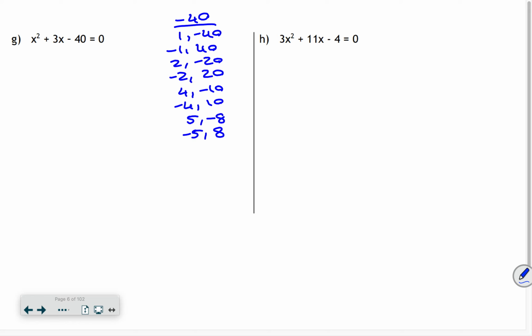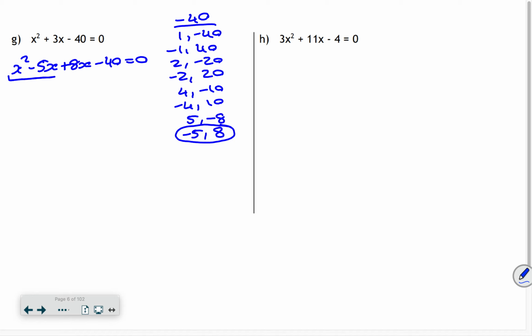If you're really good, you would know straight away that it's going to be minus 5 and 8 that works out for it, because minus 5 plus 8 gives you your 3. So that will give me x squared minus 5x plus 8x minus 40 is equal to 0.